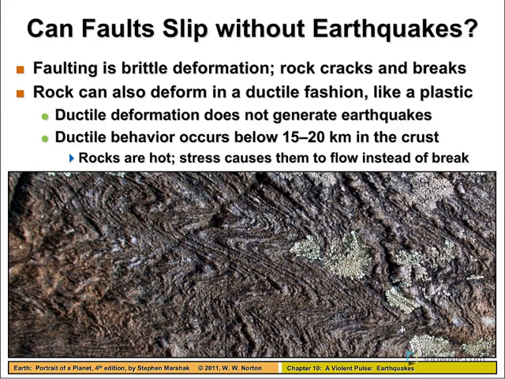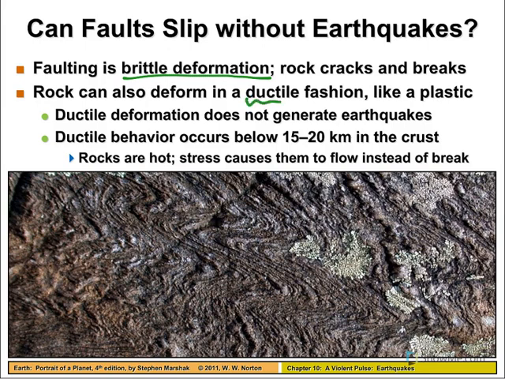Can faults move without earthquakes? Well, kind of. We know faulting itself is a brittle deformation. This means this is generally happening up at the surface where our rocks are cold and tend to break. If we look deeper down inside the earth, the lower levels of the lithosphere, our rocks are hotter.